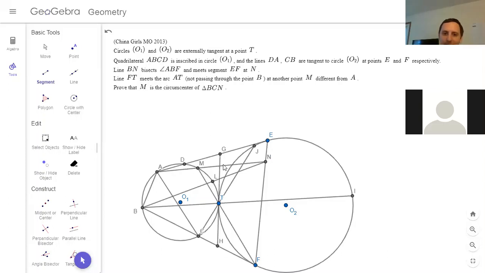If you take the excenter of ABC and you connect it to A and it intersects the circumcircle at a point M, then that's the circumcenter of BCM. This is true by an angle chase. So we know MB is equal to MC.